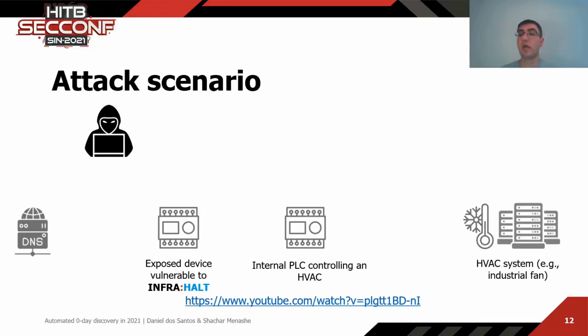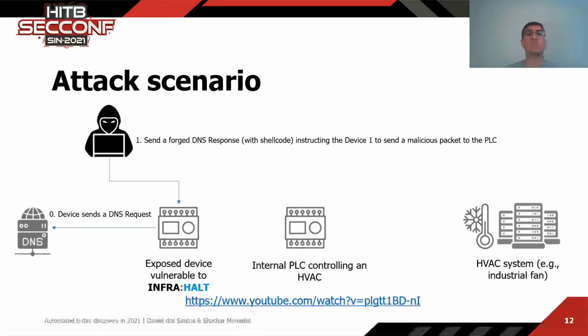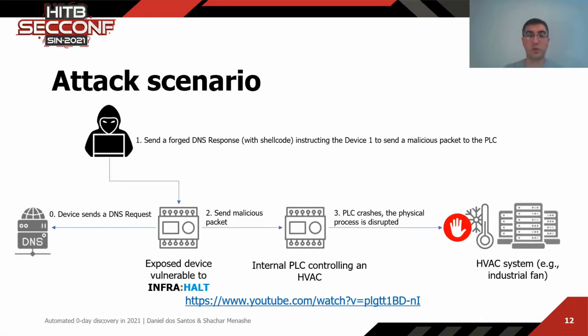When that exposed device issues a DNS request, an attacker can spoof a DNS response with shellcode that instructs this device to create a connection with the internal device and send a malicious packet, and then basically either again use an RCE on this one or just a DoS and crash it so that the physical process is disrupted, right? This is the type of scenario enabled by widespread vulnerabilities in embedded systems that affect different types of devices and that are externally exposed.